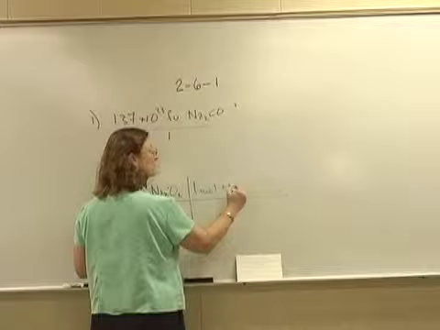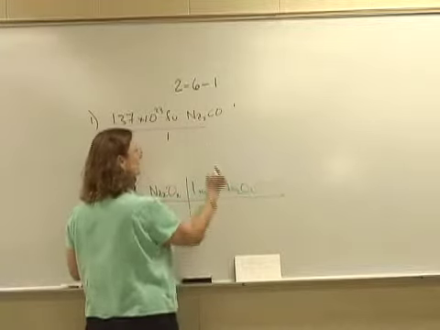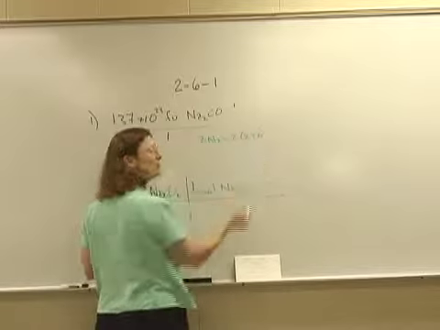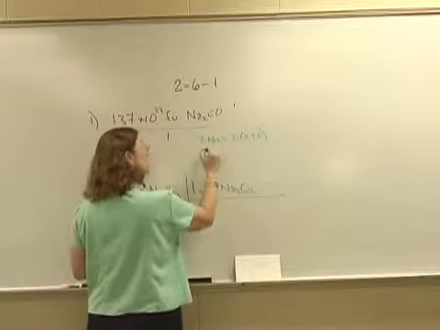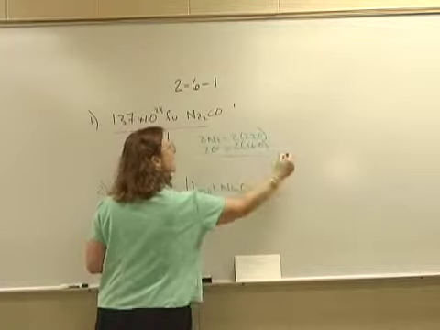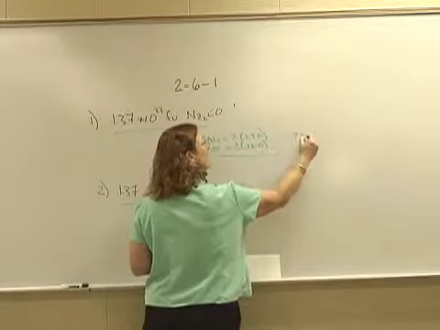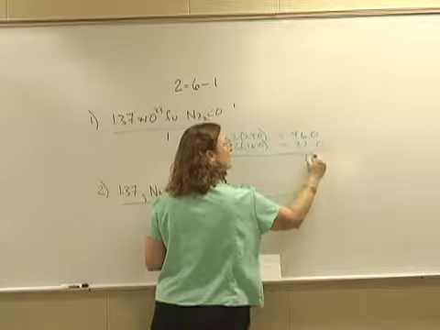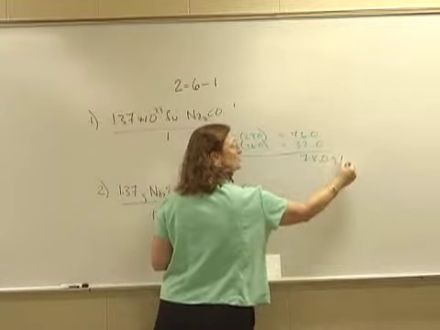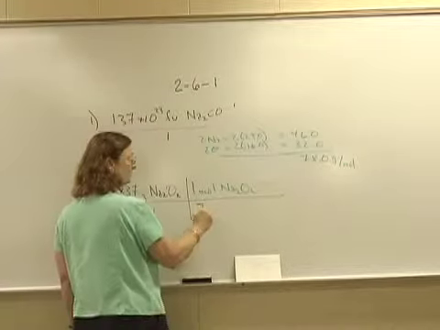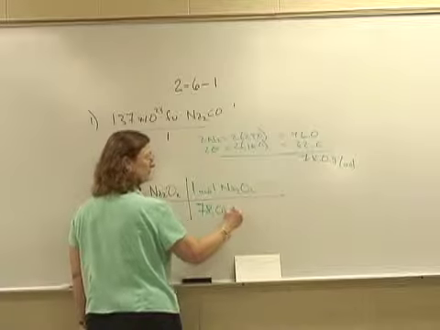And for 1 mole of sodium peroxide, I have 2 sodiums, which is 2 times 23.0 from the periodic chart, and 2 oxygens, which is 2 times 16.0, and I multiply them out, and I get 78.0 grams per mole. Therefore, that number will go in the bottom.